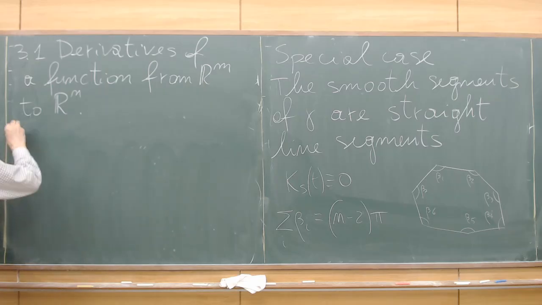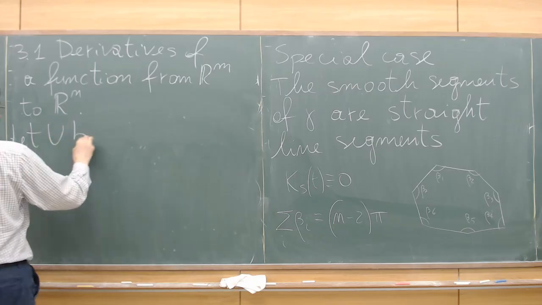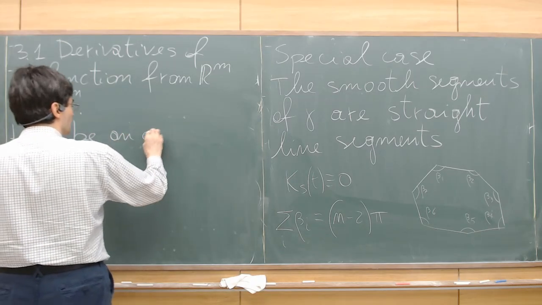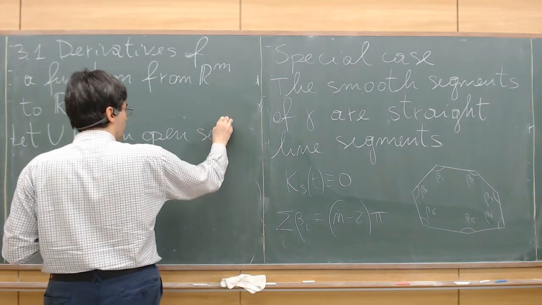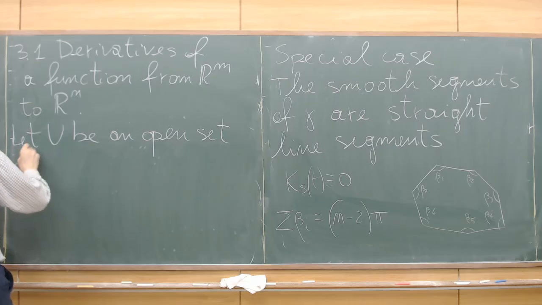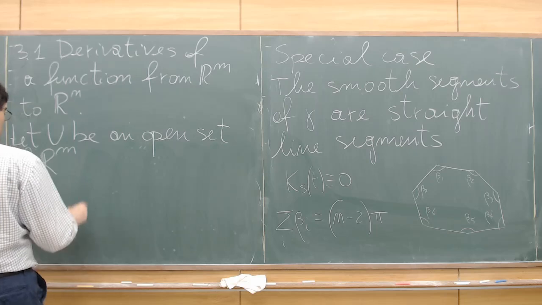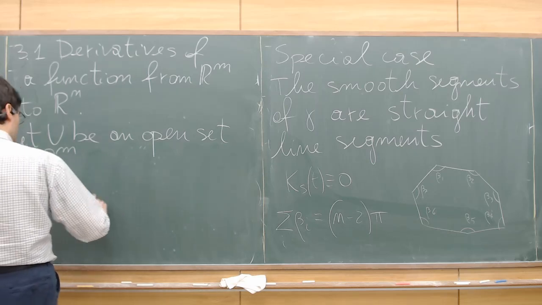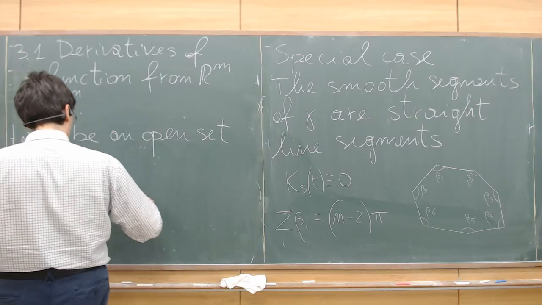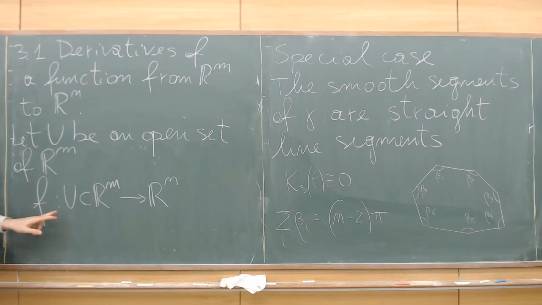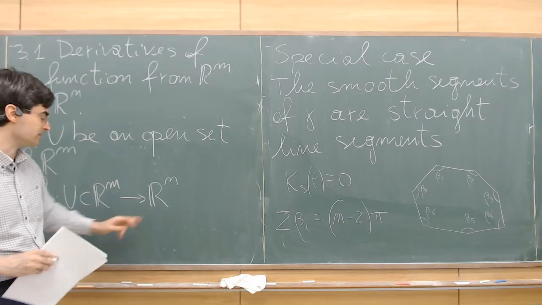Okay, suppose that U is an open set over Rm. So when I write this way, I mean a function defined on such an open set with values in Rn.